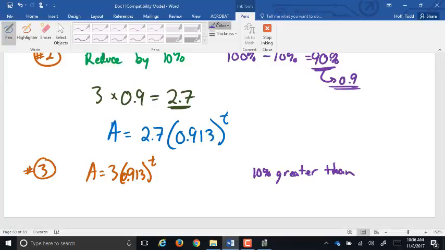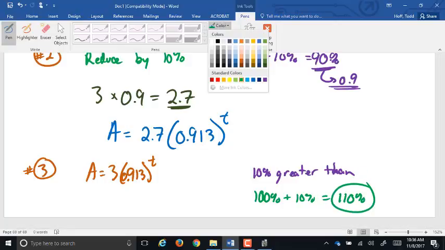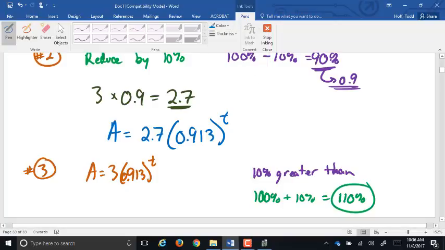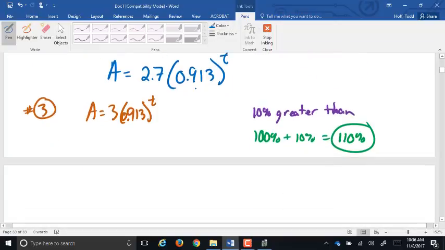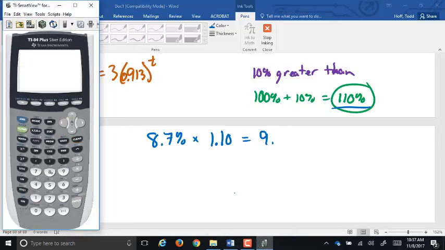So this is a 10% increase. So this is 100% plus 10%. We're looking at 110%. But it's not the balance that's 110%, it's the rate of change that's changed by 110%. So what we're doing is adjusting that 8.7% by that 110%, so multiplying by 1.10, which is going to give us 9.043.